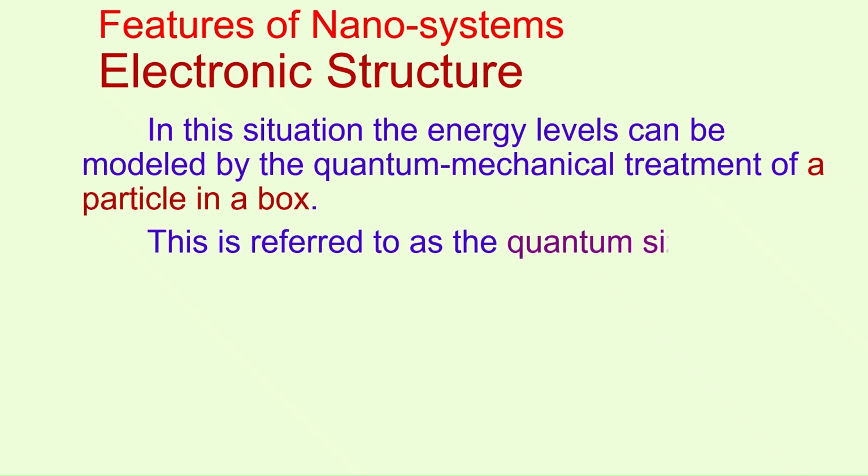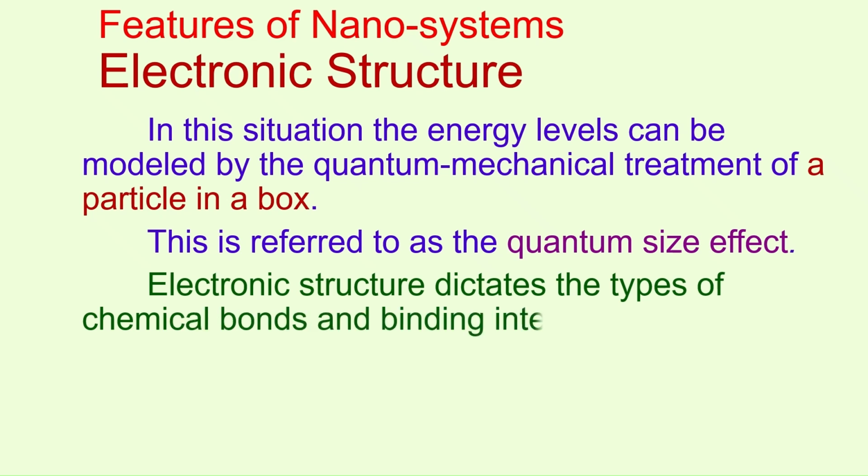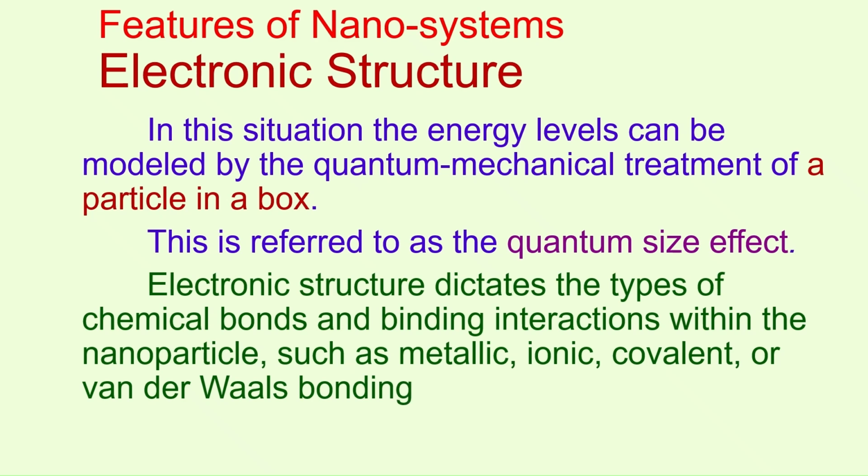This is referred to as the quantum size effect. Electronic structure dictates the types of chemical bonds and binding interactions within the nanoparticle, such as metallic, ionic, covalent, or van der Waals bonding.